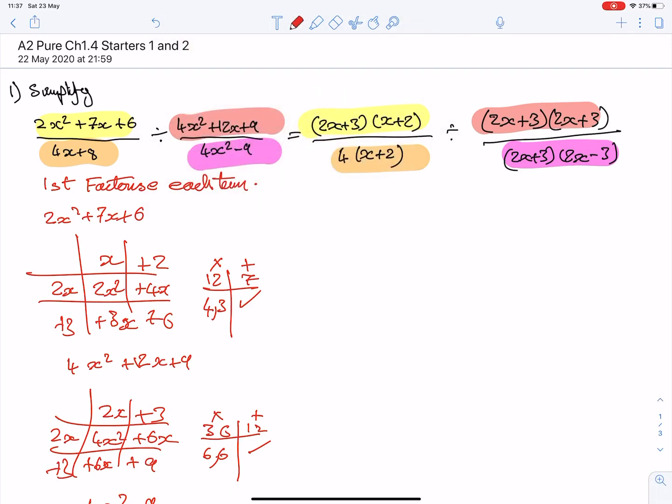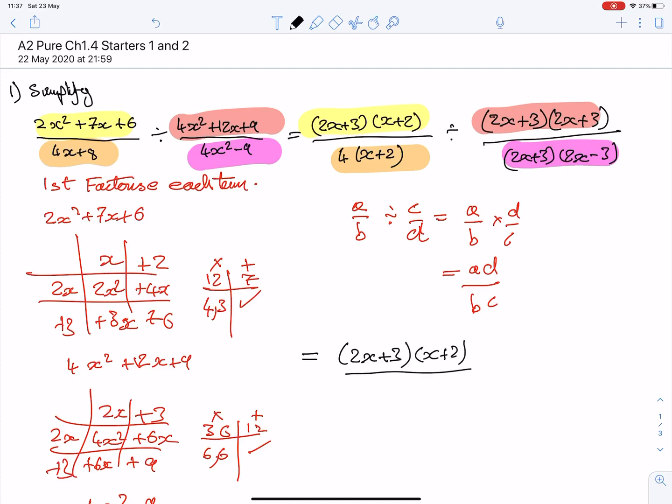Okay, then we have to remember a over b divided by c over d. We invert and multiply. So we get a over b times d over c, which is AD over BC. So we can tidy this up now. So we've got 2x plus 3 over x plus 2, times x plus 2 times 4 over x plus 2, multiplied by.